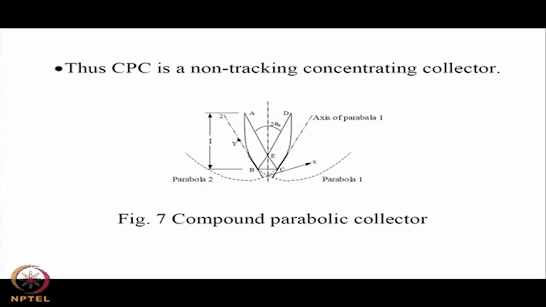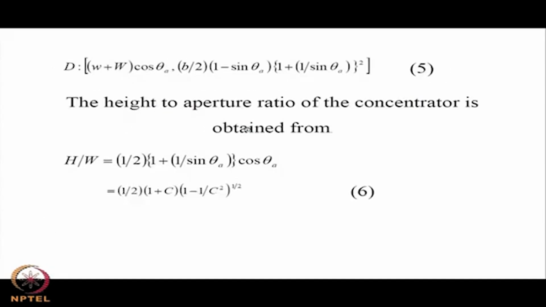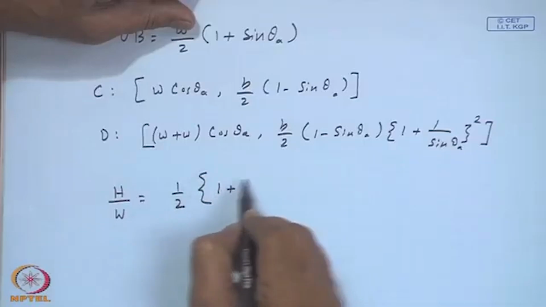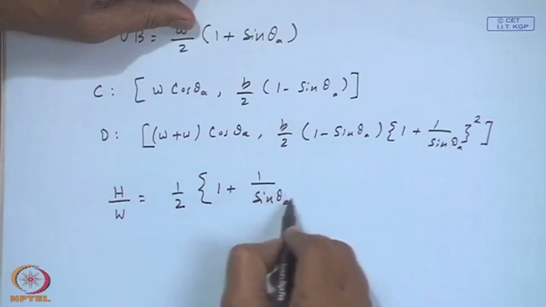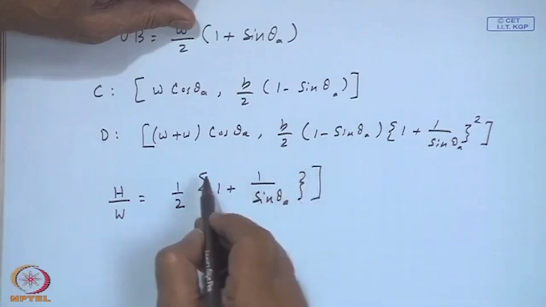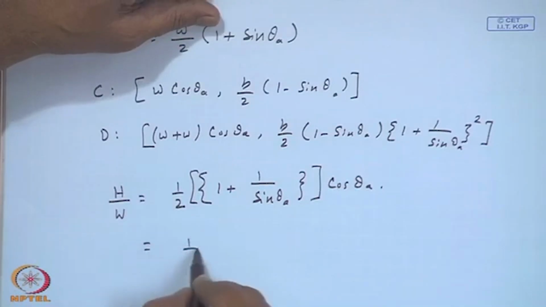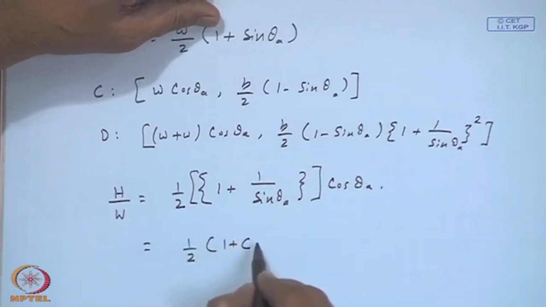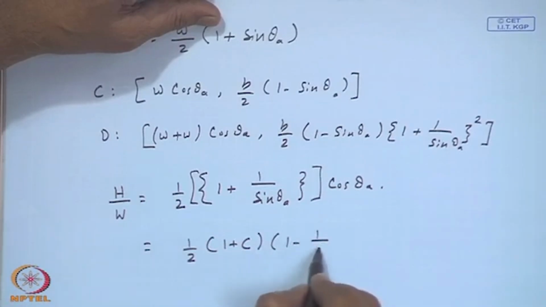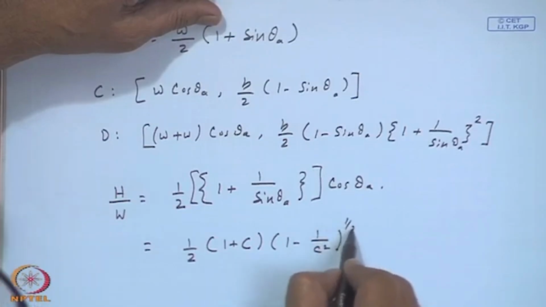The total height is h as shown over here, that is between the points B to A or C to D. It is h, half times 1 plus 1 upon sin theta aperture times cos theta a, which is nothing but 1 by 2 times 1 plus C times 1 minus 1 by C squared to the power 1 half.